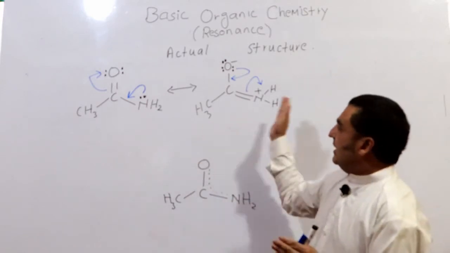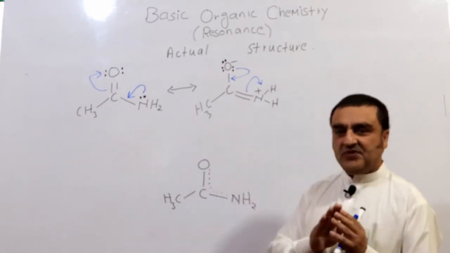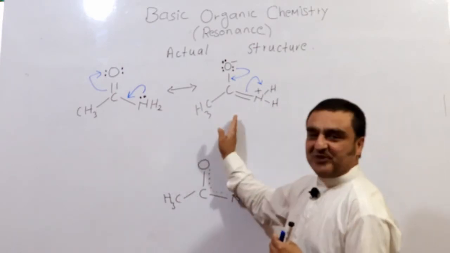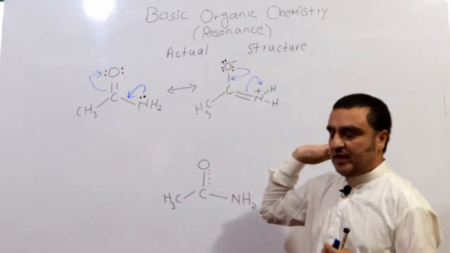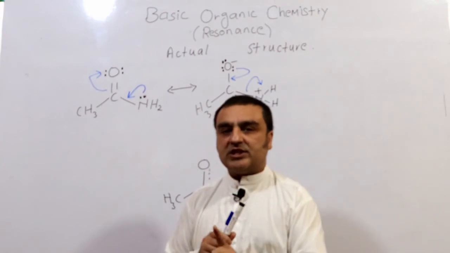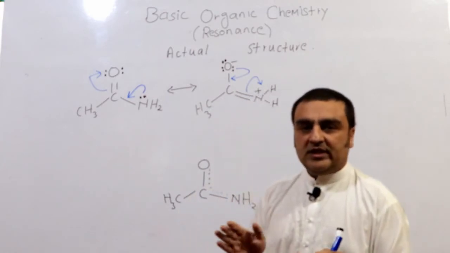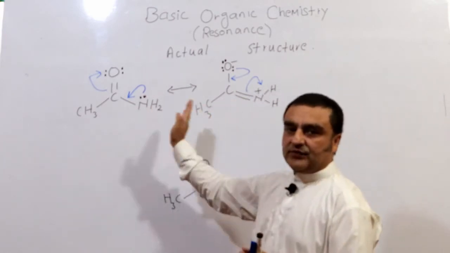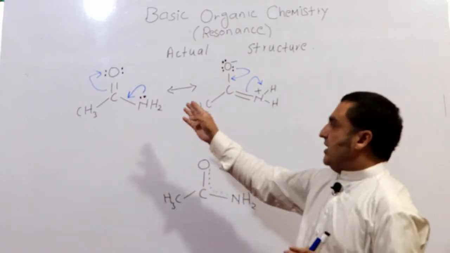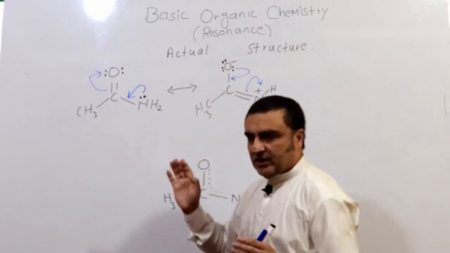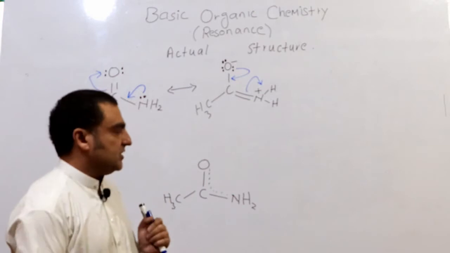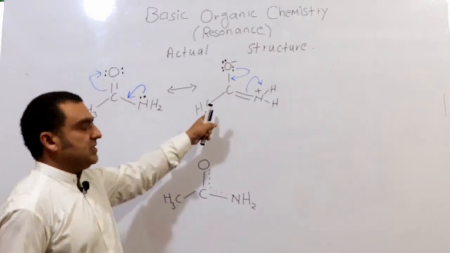But in reality this phenomenon doesn't occur. It is just to make us understand that this structure can be converted to this and this can be converted to this by movement of electrons. But in reality the structure is a stationary electron cloud. They are not moving back and forth between those two structures. So these arrow pushings, or those canonical forms or resonance forms, are there to lead us to the actual structure. In reality this doesn't occur.